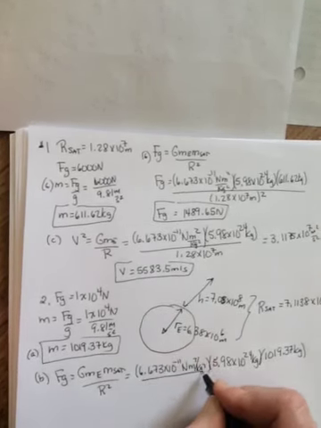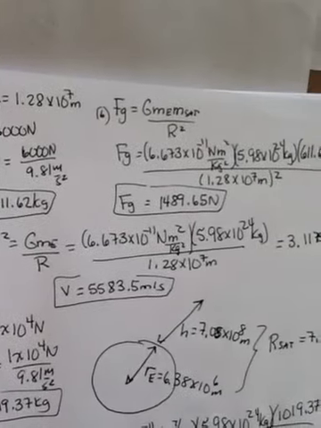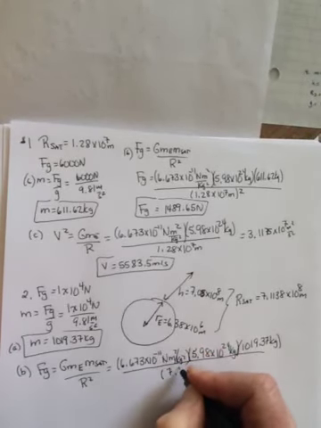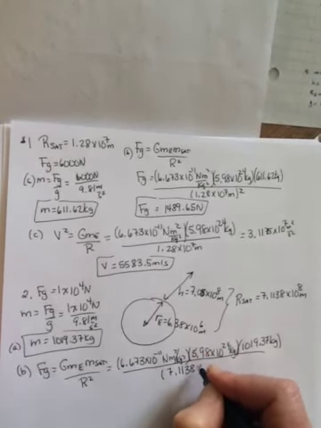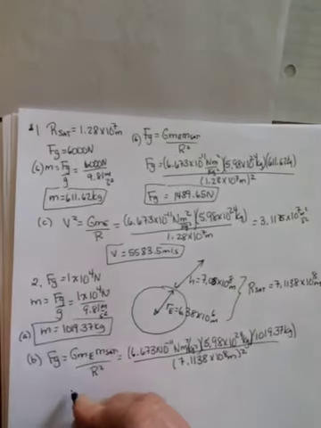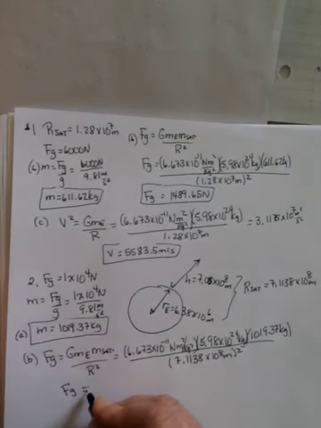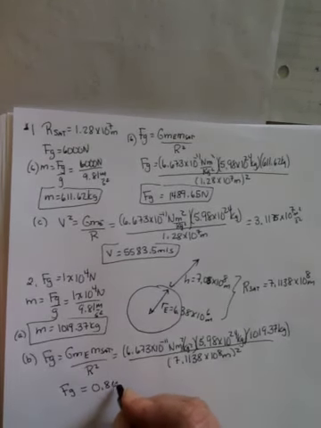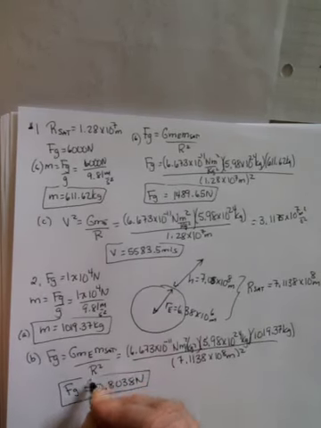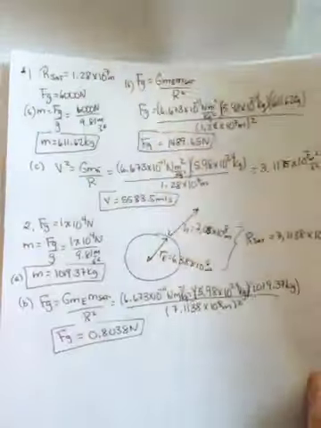And then over the r we just found, 7.1138 times 10 to the 8th meters squared. Okay, and when you do this, you get an Fg of 0.8038 newtons.